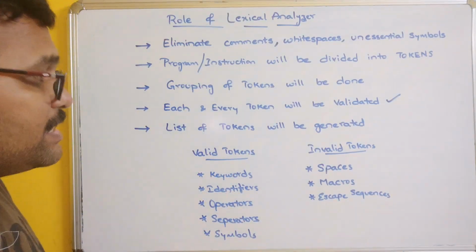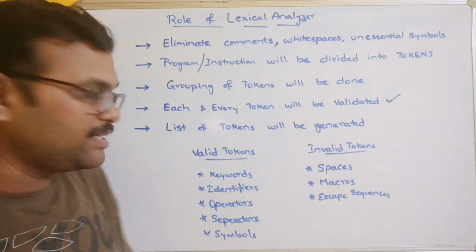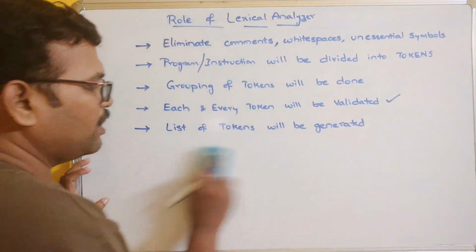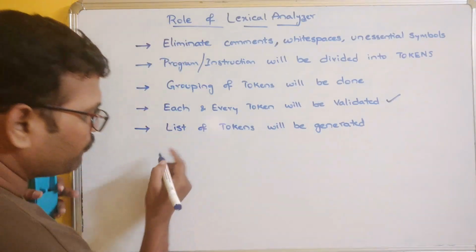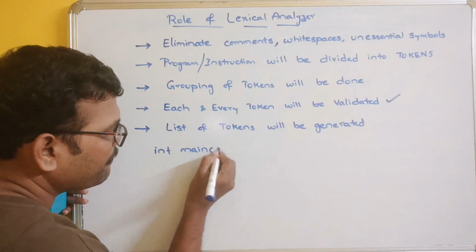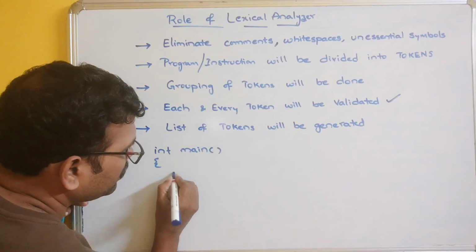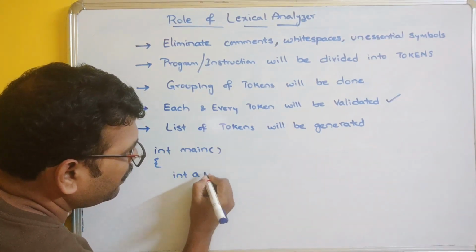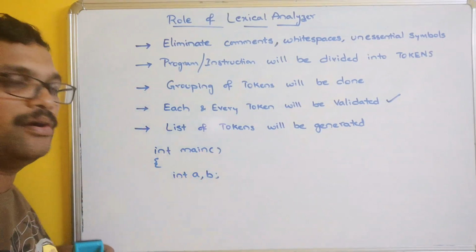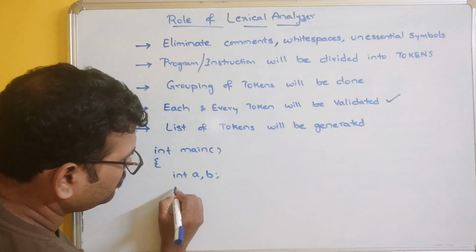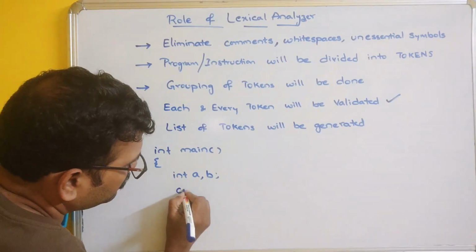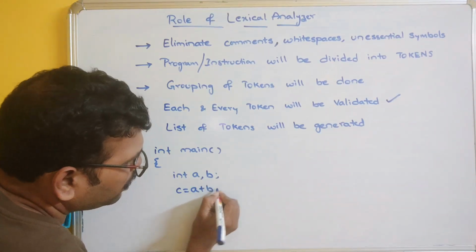Now we'll see an example and see all these things. I'll erase this one. Hope you understood the difference between valid and invalid. So for example, let us take int main, int a comma b. I'll write a small program.